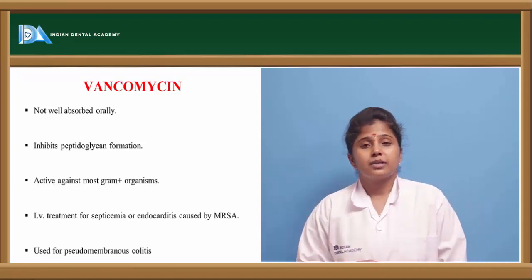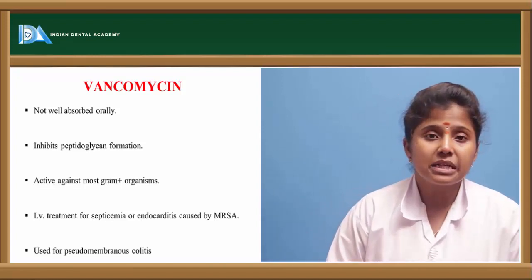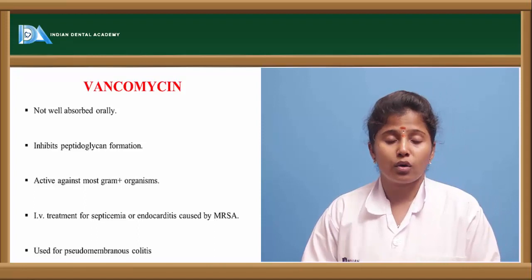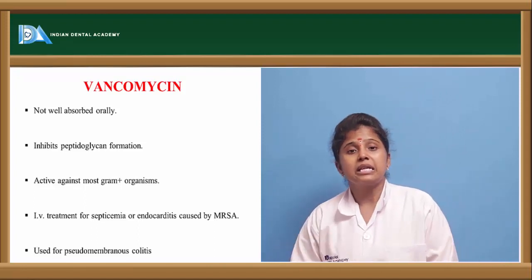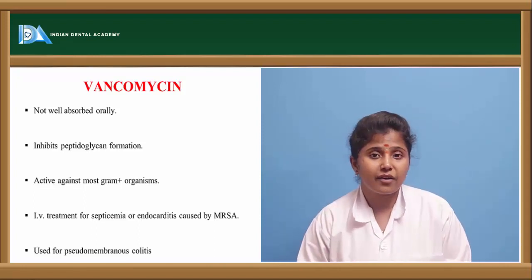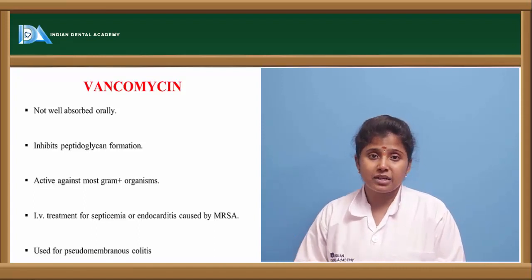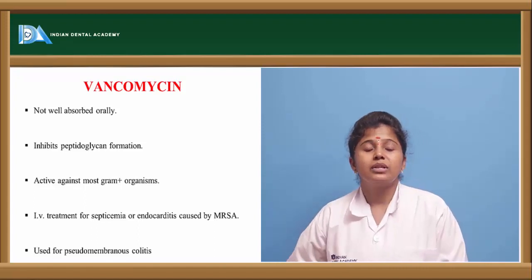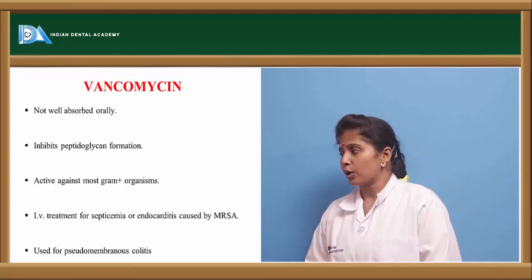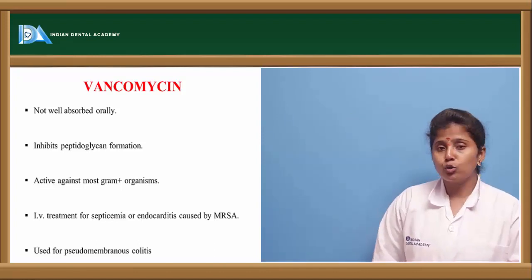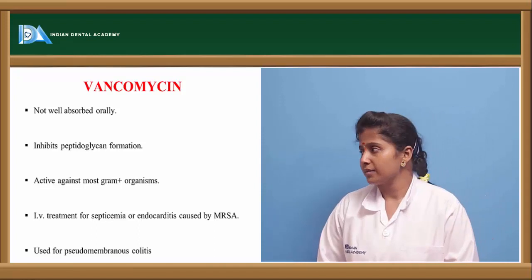And I told you about MRSA, that is methicillin-resistant Staphylococcus aureus. So the resistance caused by methicillin can be treated with the IV formulation of vancomycin, and it is used to treat pseudomembranous colitis.